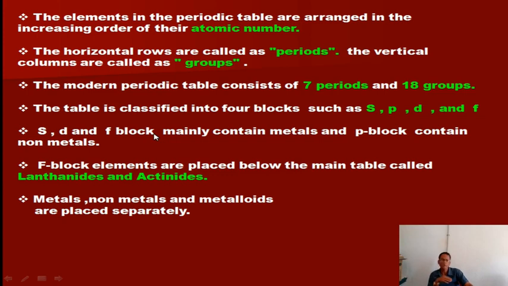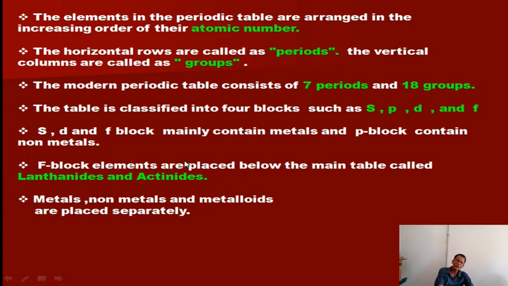The whole table is divided into 4 blocks: S, P, D and F block. S, D and F blocks mainly contain metals and the P block mainly contains non-metals. So there is a difference in the position of metals and non-metals.